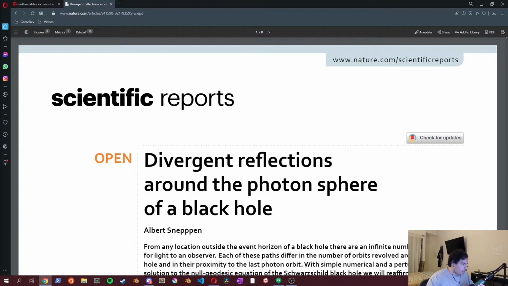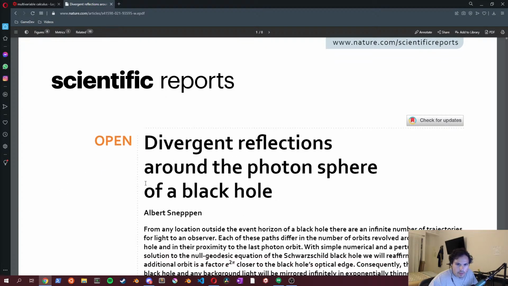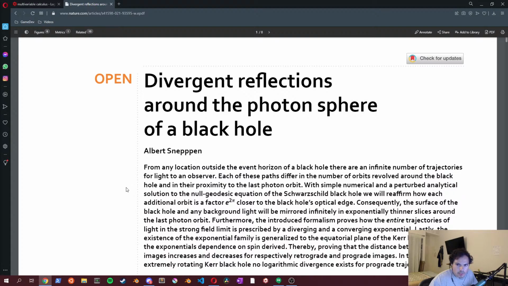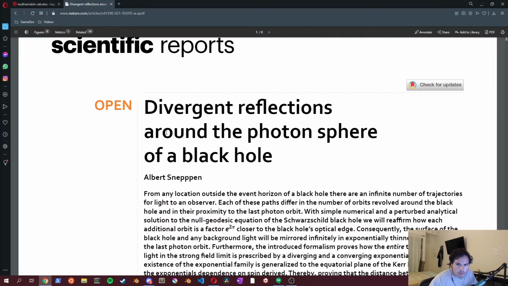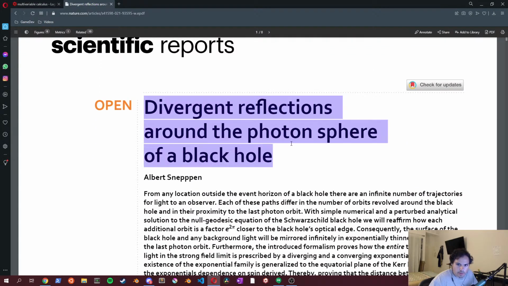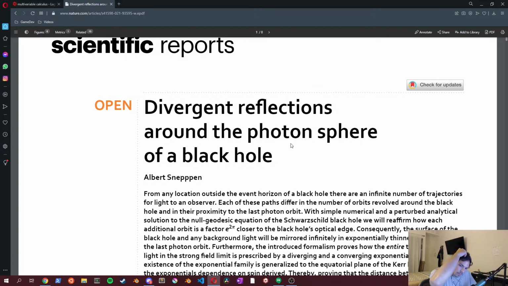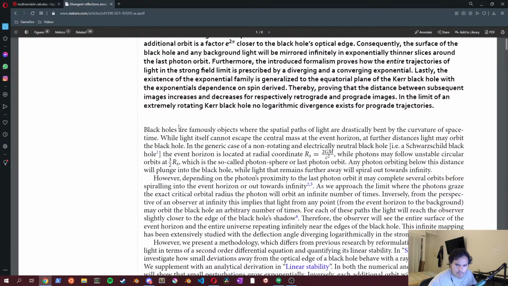So yeah, tonight was just going to go through this paper that popped up a couple weeks ago called Divergent Reflections Around the Photon Sphere of a Black Hole. I'm not super familiar with exactly what this paper is about.